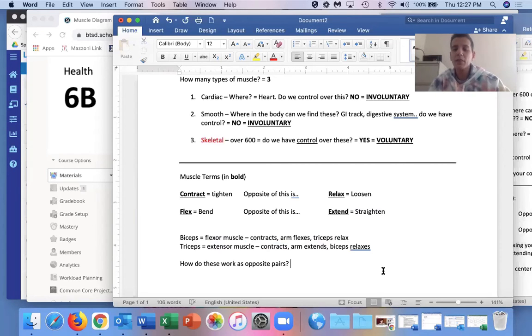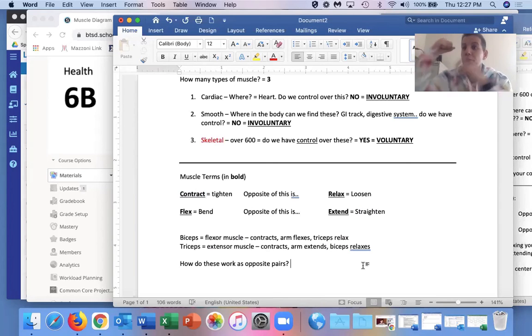Now, this concept can be a little bit difficult to understand, because when a lot of us originally learned the term flex, we don't realize that we're actually thinking about the word contract. You say, yo, flex your muscle, and we flex our arm because it's a flexor muscle.